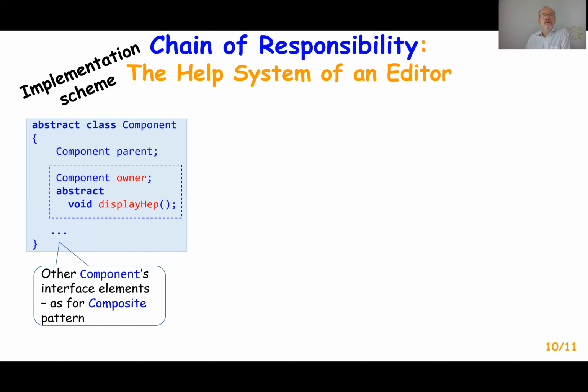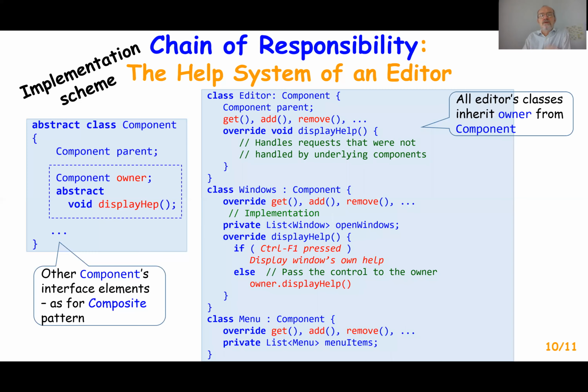Well, owner, being a member of that root class, doesn't need to be redefined. It's just inherited by other classes, whereas the display help method, being abstract, should be overridden in every derived class.